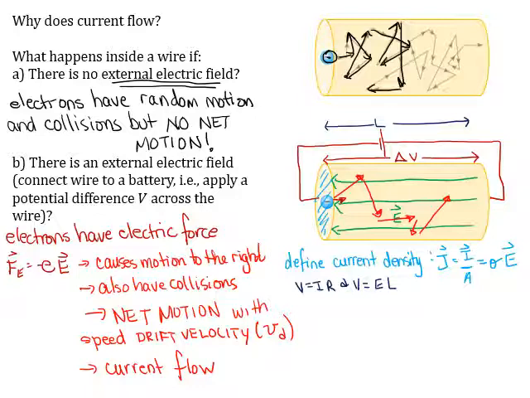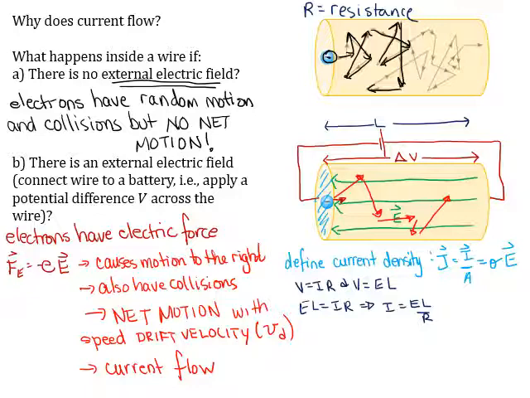Let's see, I want to put in that R equals resistance, even though we're going to come to that on the next slide. So IR equals EL, or EL equals I times R. That tells us that I has to be E times L over R. So let's look at our expression for current density. Current density is current over area.